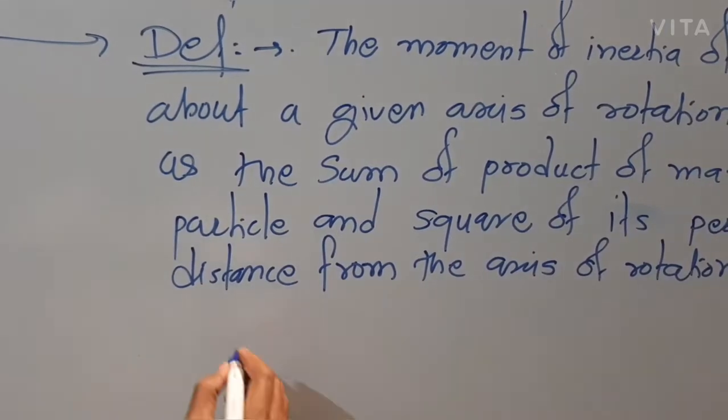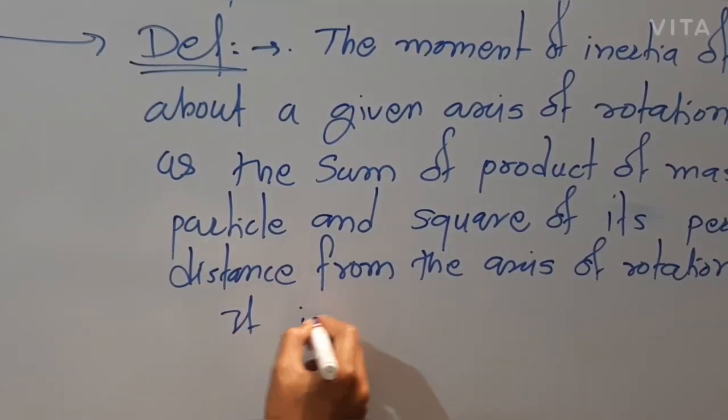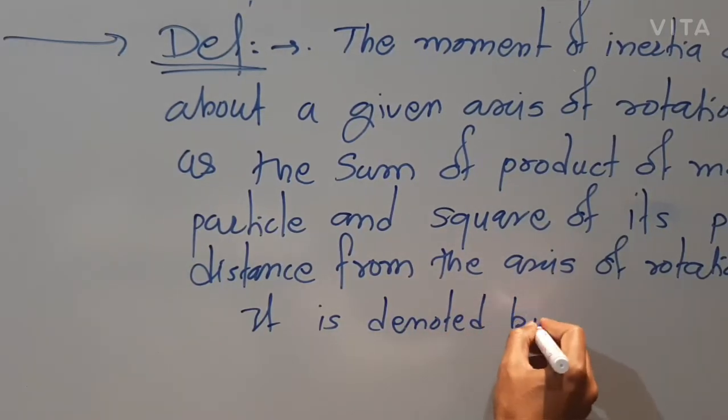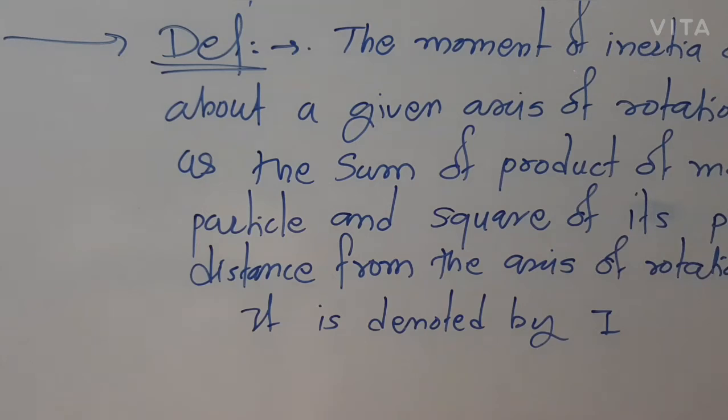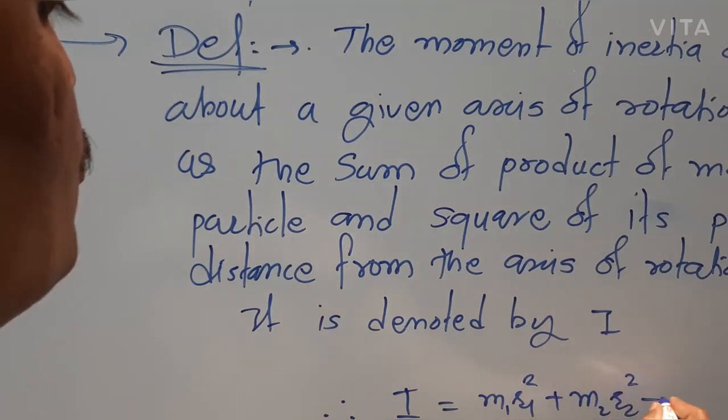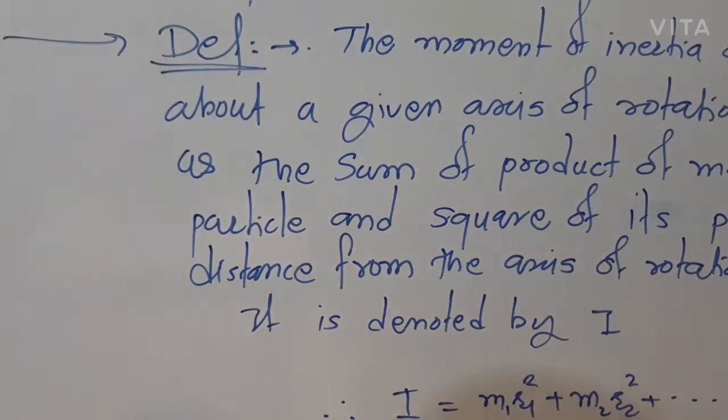It is denoted by I. And therefore I is equal to m1 r1 square plus m2 r2 square plus up to plus mn rn square.